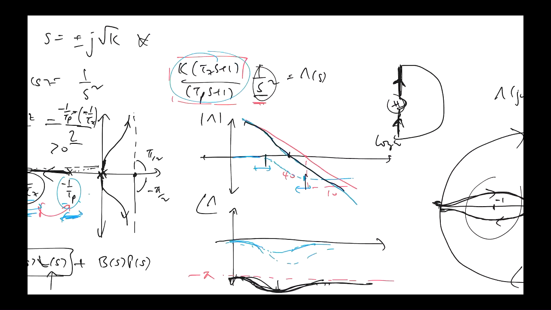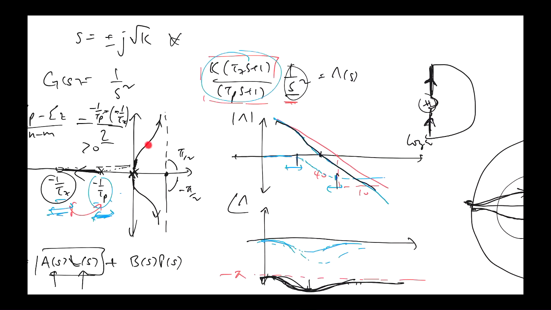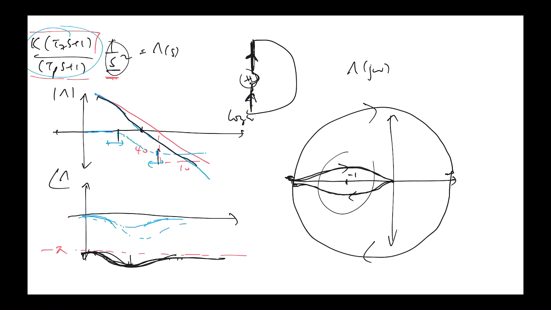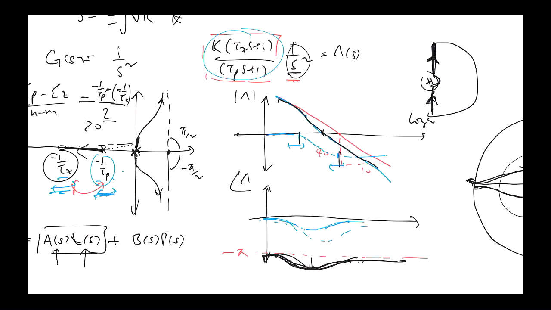Which is entirely consistent with always having 2 closed loop poles in the right half plane, because the number of open loop poles in the right half plane is 0. So for stability, we want 0 encirclements, but no matter what we do, we'll end up with 2, right? Which is what we saw here. Okay?